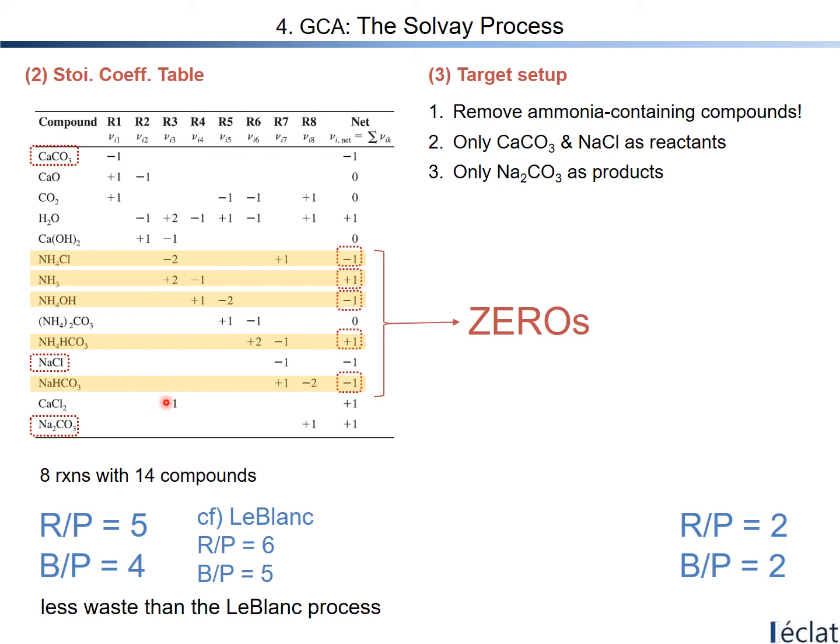However, in this case, the calcium chloride case, this material is only generated, not consumed. So we cannot touch it. We cannot make it zero. So plus 1 is just going to stay plus 1. So we should leave calcium chloride as the byproduct.